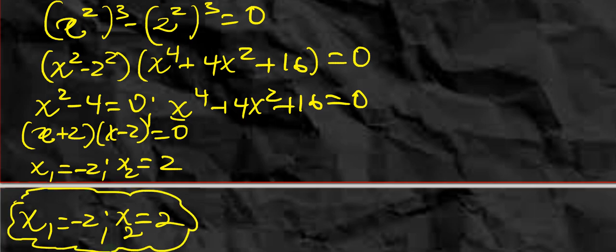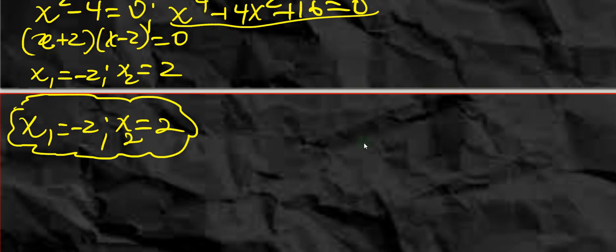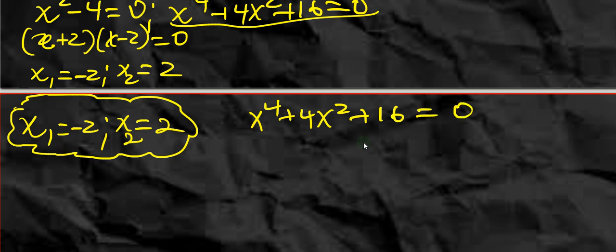So now let's work on this equation here to find the other solutions, right? So we have x to the 4 plus 4x squared plus 16, and then this is 0. Let me make this into a product.